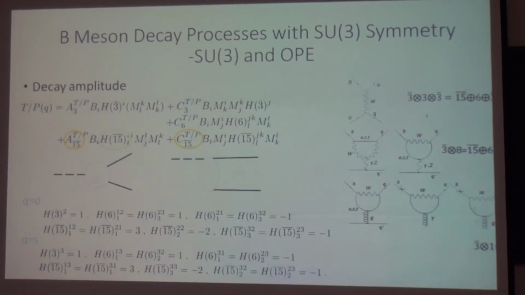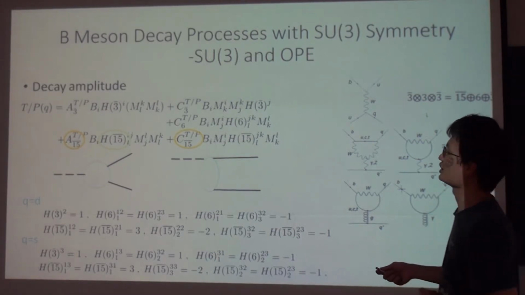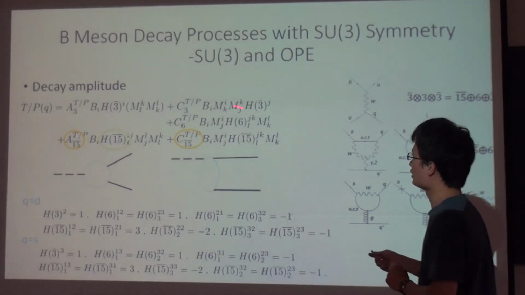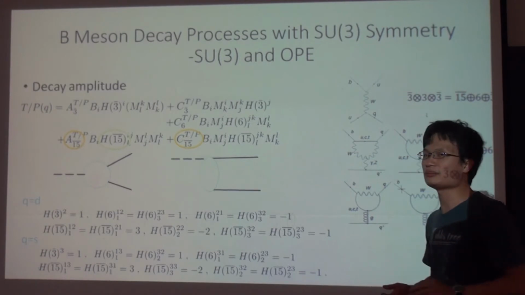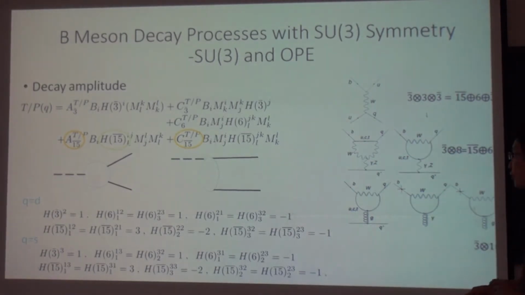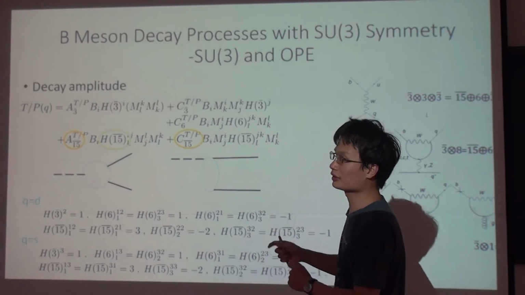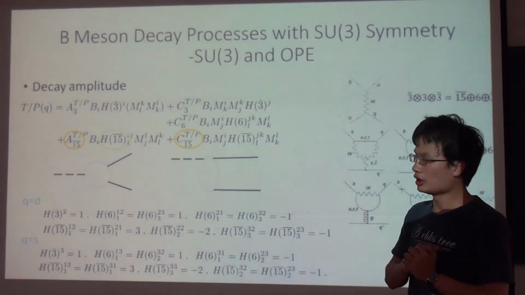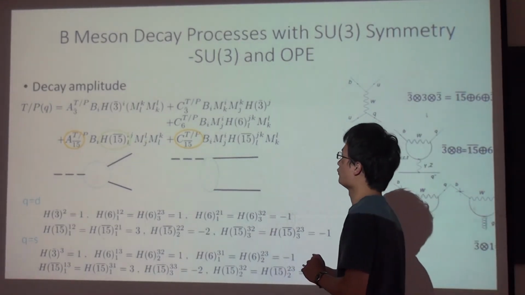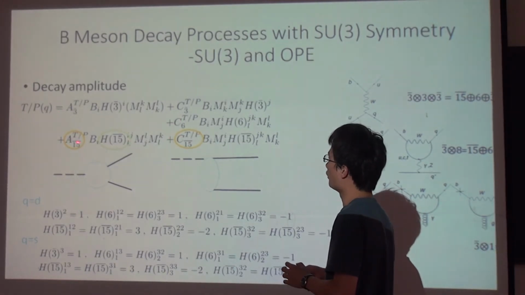And from this diagram, we can write down the decay amplitude like this. In here, T and P mean the tree diagram or penguin diagram. The penguin diagram is just like this. We call it a penguin because sometimes people think it looks like a penguin. And in here we have different coefficients corresponding to the different irreducible representations, for example, for 3, 6 or 15.